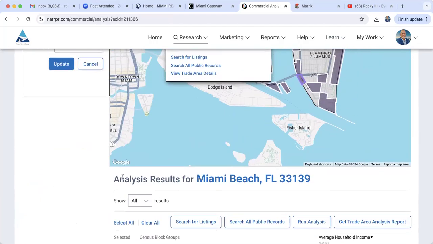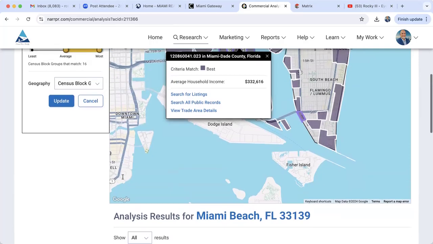You may be asking why Fisher Island is not there. Fisher Island is not part of 33139. Fisher Island has its own zip code. I think it's 33109. I believe that's the Fisher Island zip code, 33109, if I'm not mistaken.